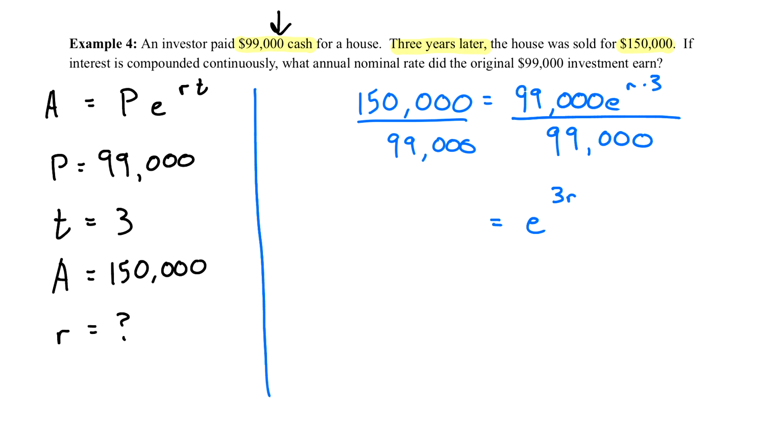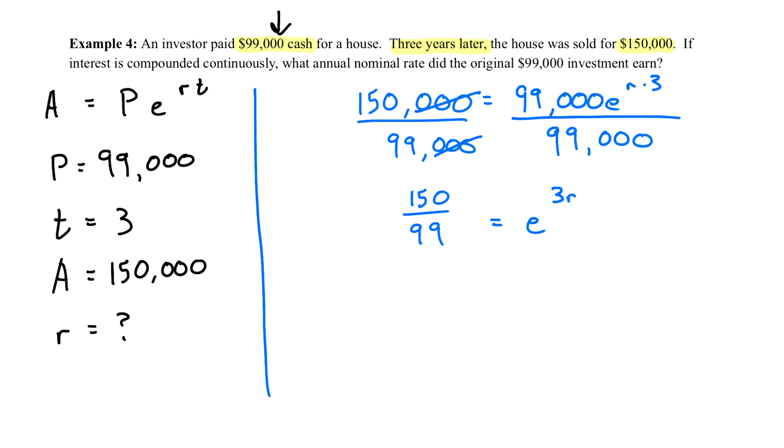If you want to cancel some of the zeros, we've got 3 zeros in our numerator and 3 zeros in our denominator. We can do that and say, okay, let's work with 150 divided by 99. So this is what I'm going to be working with for my left-hand side. And on the right-hand side, I've got e to the 3r power, which is exactly what I wanted.